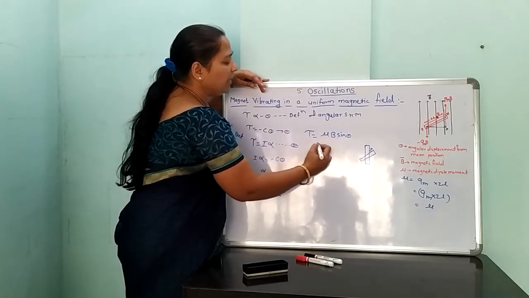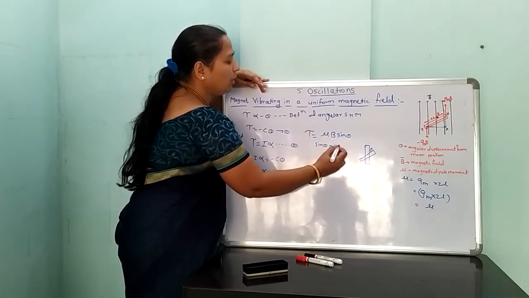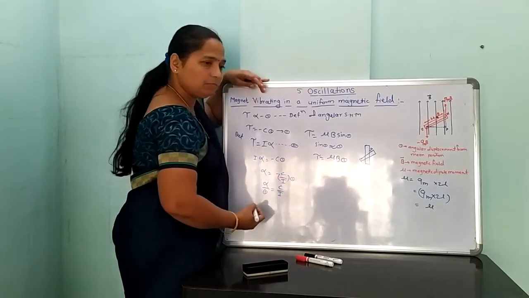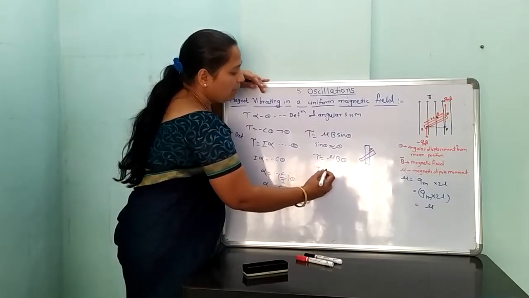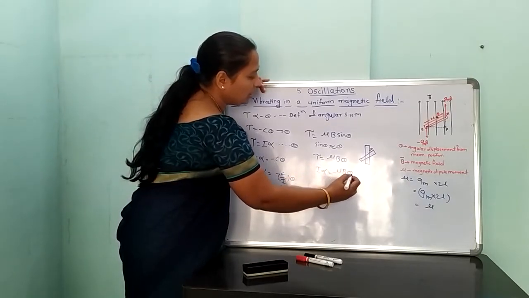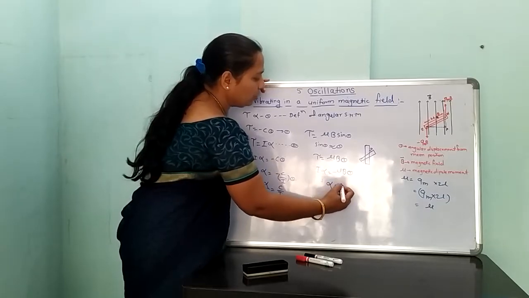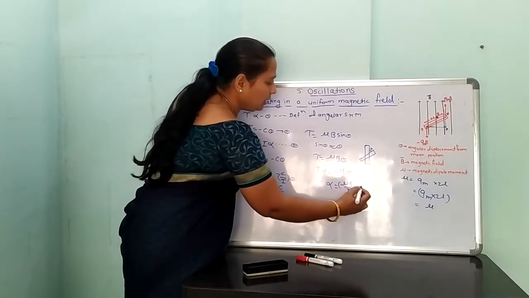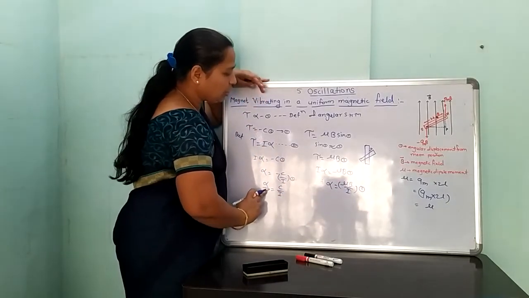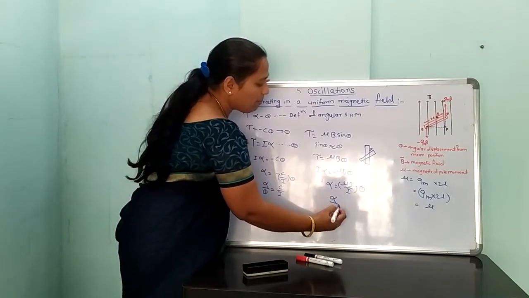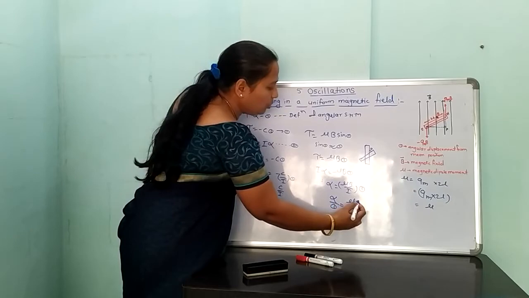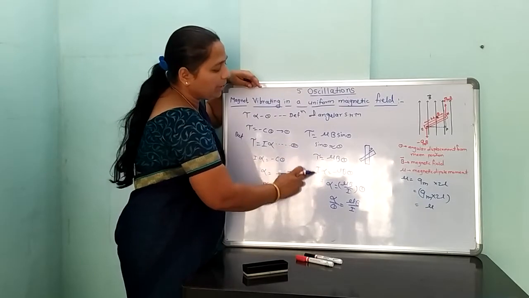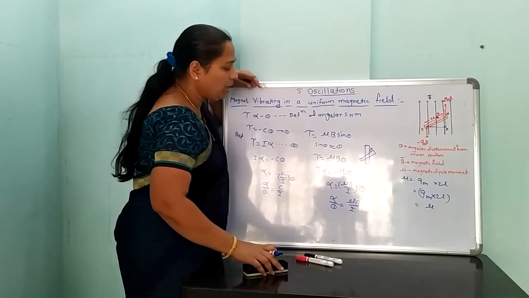If sin theta is nearly equal to theta, torque is equal to mu B theta. Hence, I alpha is equal to mu B theta. Therefore, alpha is equal to mu B upon I into theta. Angular acceleration per unit displacement, alpha upon theta, is equal to mu B upon I.